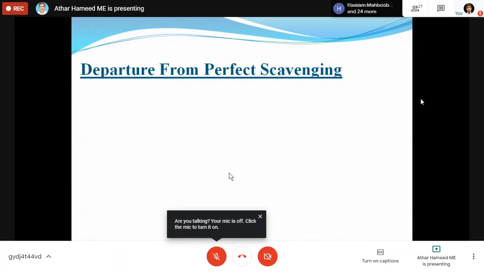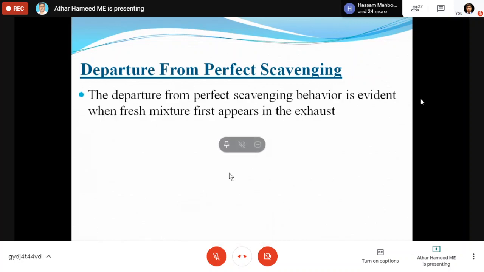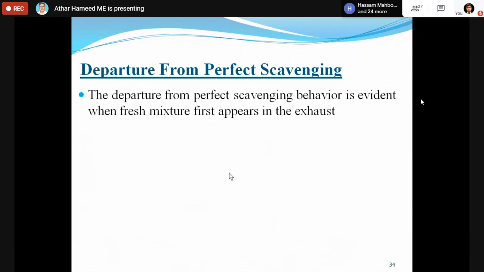Departure from perfect scavenging. The departure from perfect scavenging behavior is evident when we know that perfect scavenging is not taking place. We can know this when we take the exhaust coming out of the two-stroke engine and analyze it, and we find that this much fresh air is still inside it. That is how we can calculate.